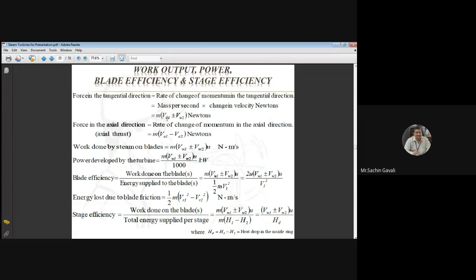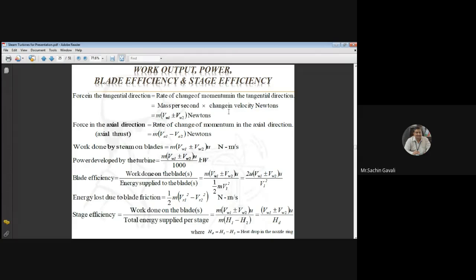If they are in the same direction, then m into bracket Vw1 minus Vw2, in newtons. That is the force in the tangential direction, and this force is responsible for the work done by the turbine, or power from that turbine.